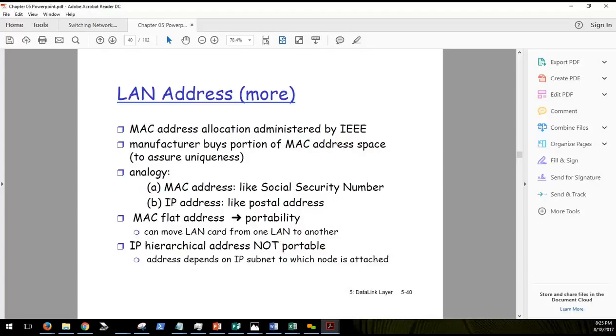For a 24-port switch, an Ethernet port is like a network interface card. If there are 24 ports, there are 24 network interface cards. So if there are 24 network interface cards, how many MAC addresses are you going to need?